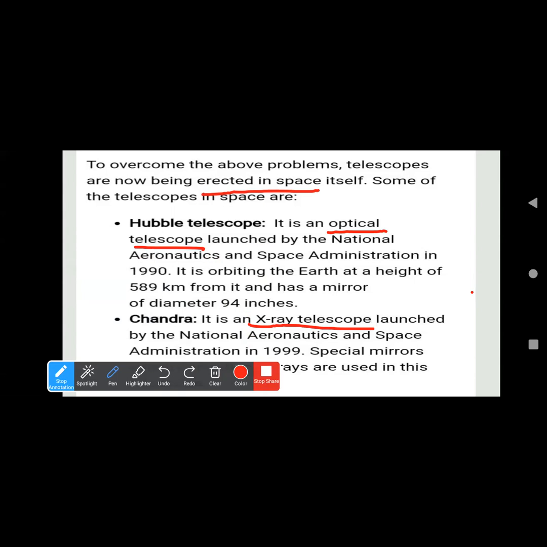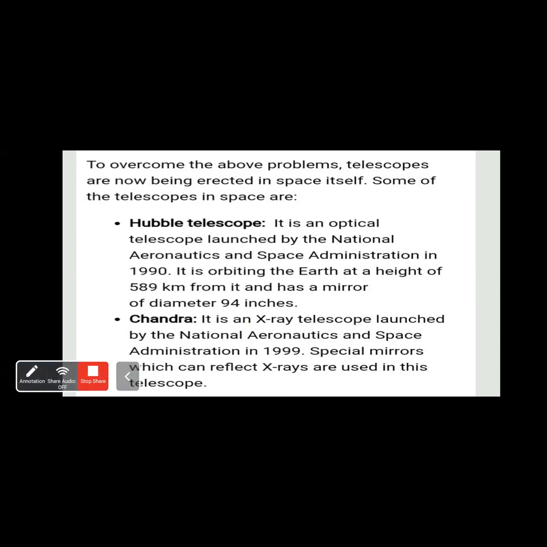That is, we have erected the telescopes in space, and you have to write in short about these two telescopes. This question can be asked for 3 marks, so you have to write in short.